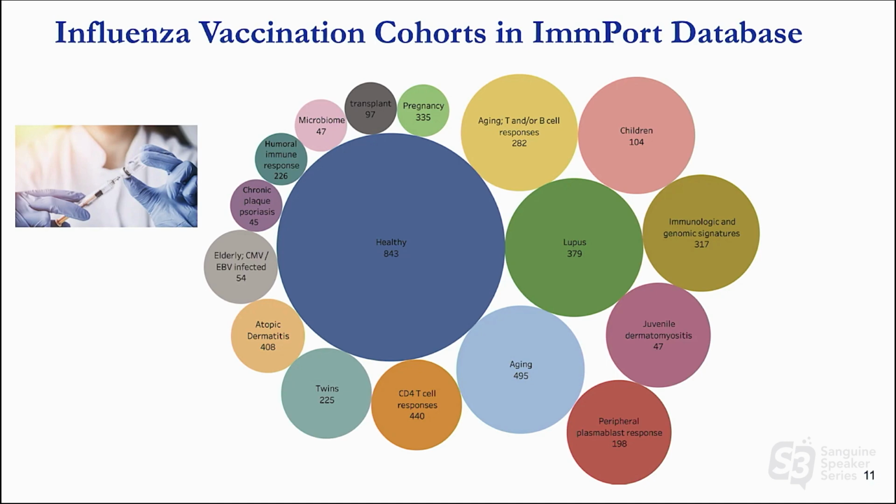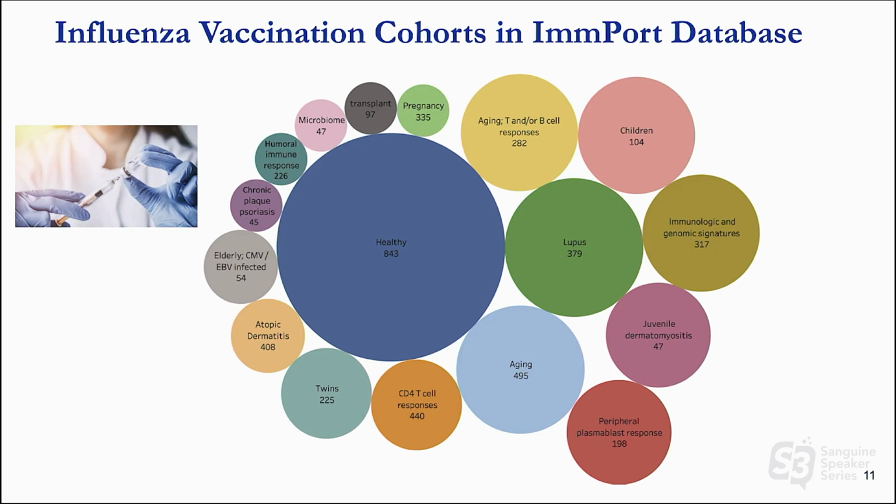The bubble chart illustrates the variety of these open access flu vaccination associated studies in ImmPort, and the big blue circle consists of the healthy vaccinated individuals, and the number represents the number of study participants. The data sets can range from a niche data set to fully integrated data generated on a variety of platforms, such as flow cytometry, microarray, sequencing, and ELISA on thousands of patient samples.